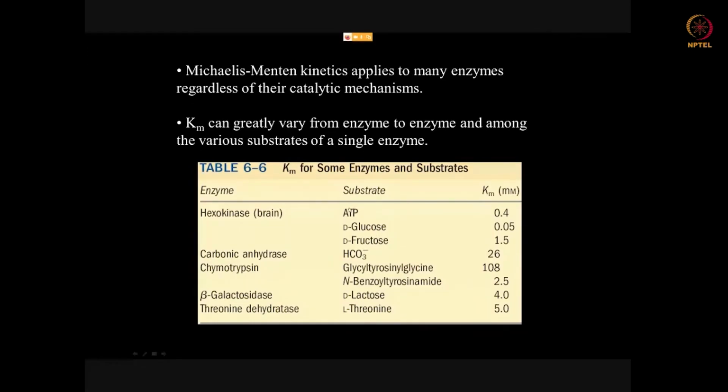Here ATP itself is a substrate because it transfers the phosphate group from ATP to glucose to make glucose 6-phosphate. The version of this enzyme present in brain is hexokinase, and the one that works elsewhere is called glucokinase as well, and that has this sort of concentration for Km value.